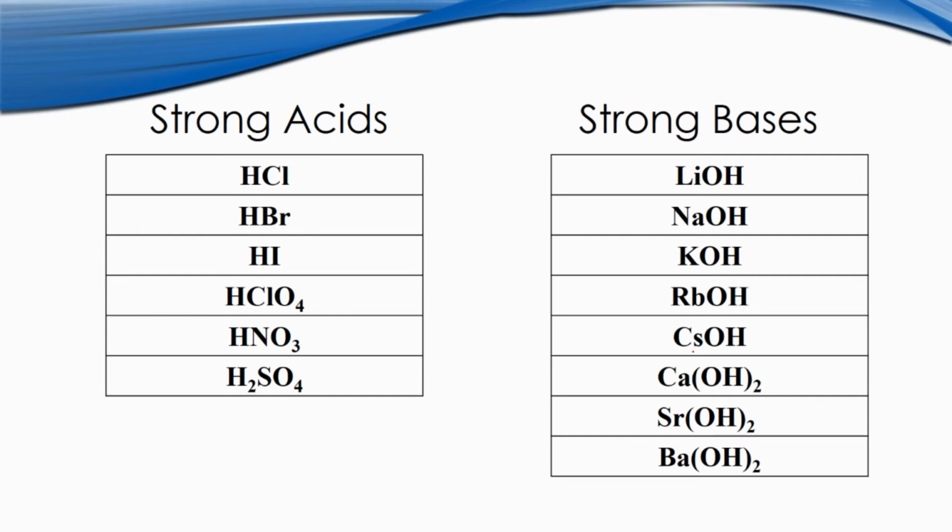Of course, we're only going to focus on the most common ones. However, anything that is not on this list, for my class, we're going to assume that it is a weak one. So make sure that this list is something that you have access to, because as we move forward with the video, we are going to be referring back to this particular visual, okay?